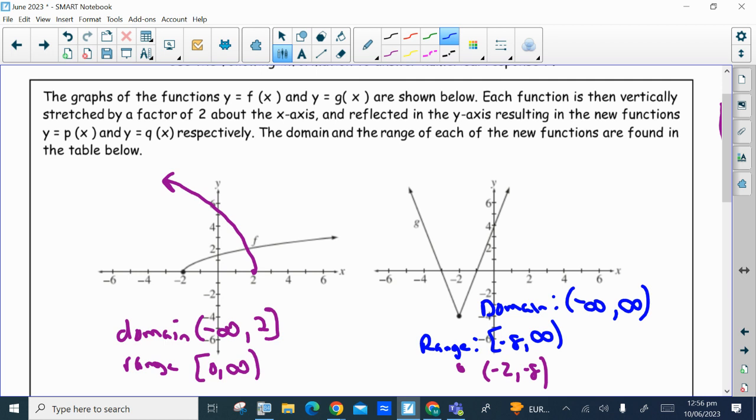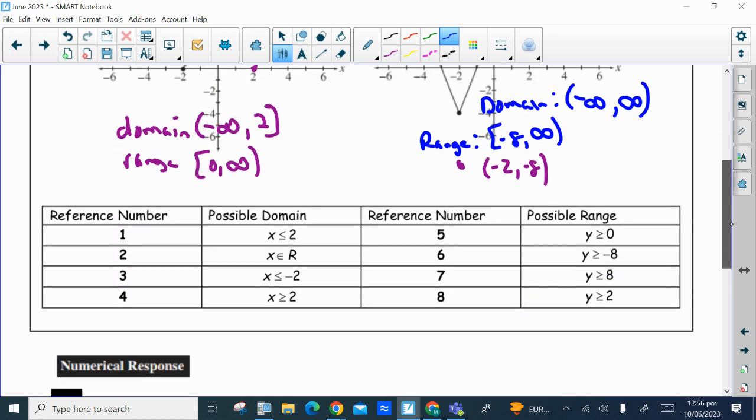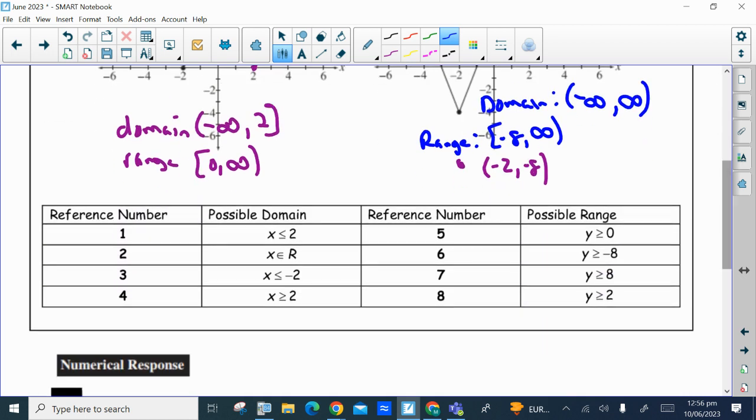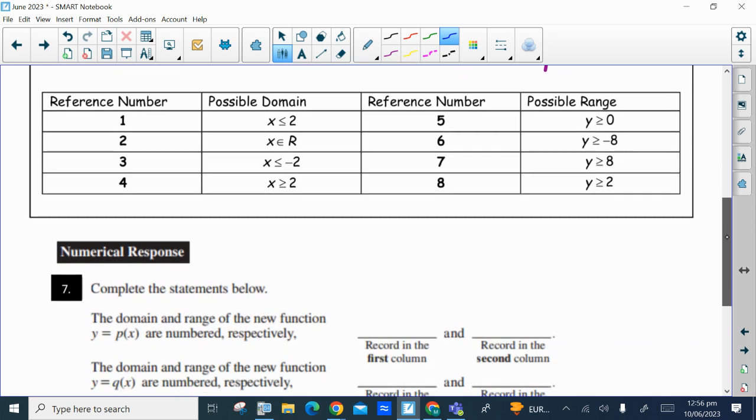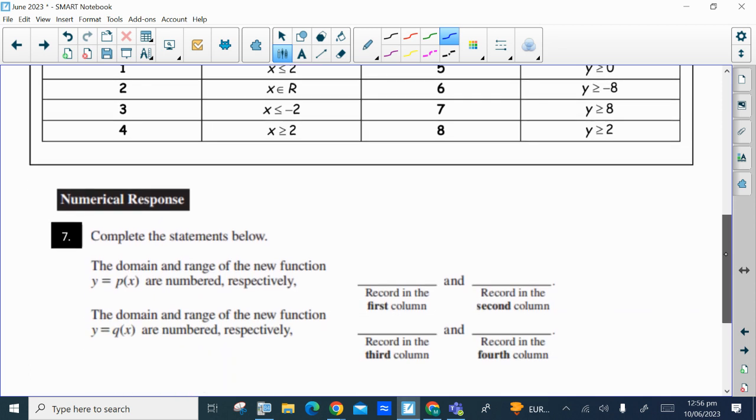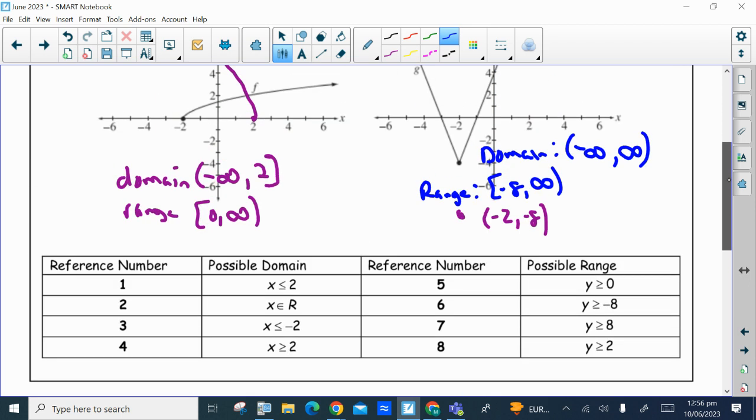Okay, so the domain and range of each new function are found in the table below. The table below the first graph will be the domain and range of the new function p.